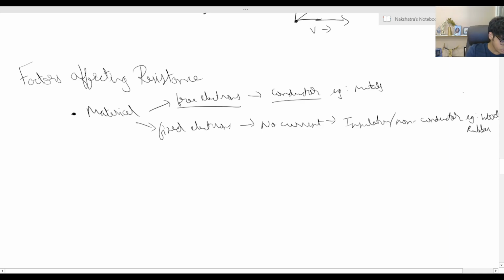So this is how it depends on whether it has free electrons or not.